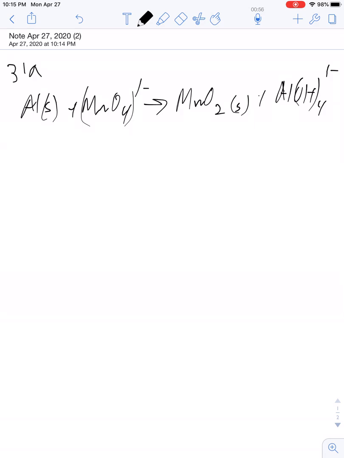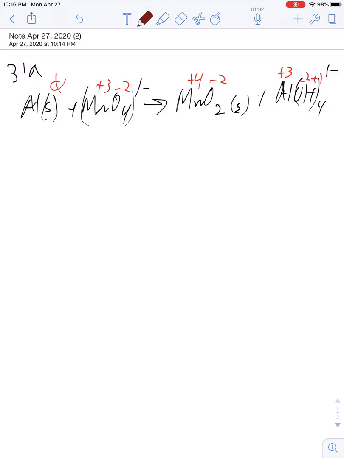So elements in their most common state have an oxidation of 0. Oxygen's got a -2, so that means this manganese must have a +3, -2, +4, and the oxygen's -2, the hydrogen's +1, and the aluminum is a +3 because it has to add up to that overall -1 charge up there in the corner.